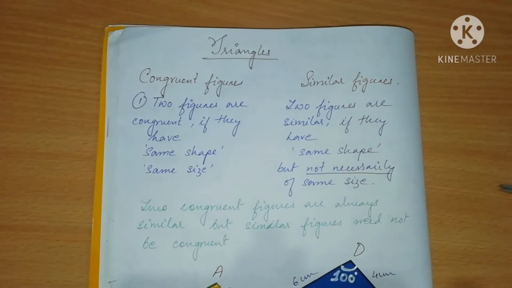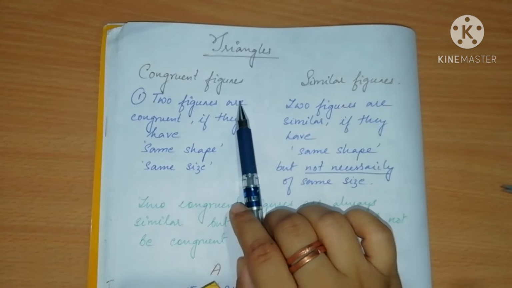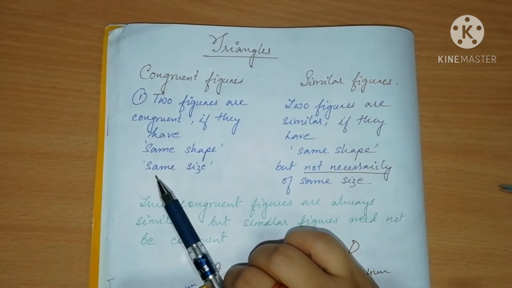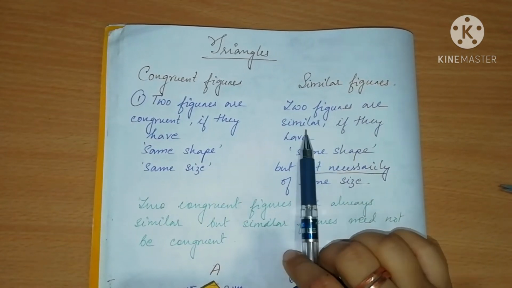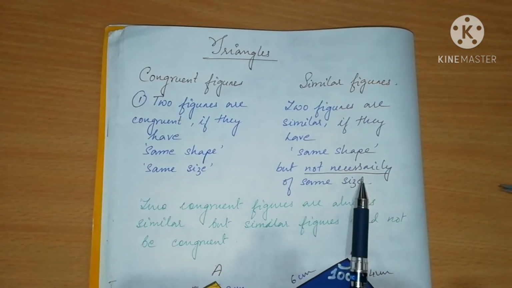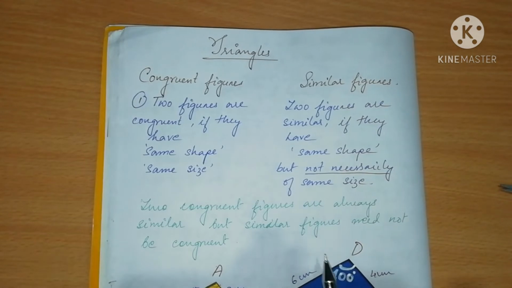So we have understood that two figures are congruent if they have the same shape and the same size. And two figures are similar if they have the same shape but not necessarily the same size.